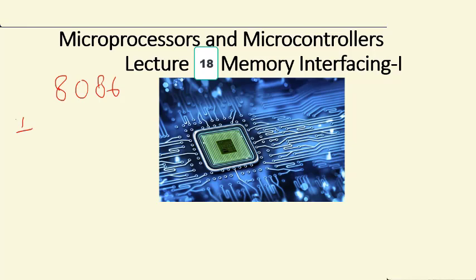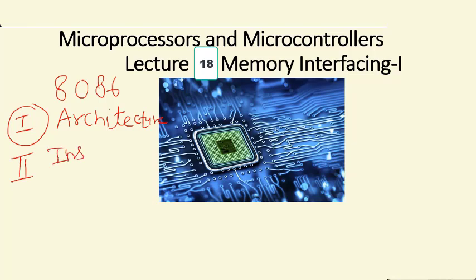So first section is the architecture, pin diagram and different signals. And the second part is the instruction set. There are different types of instructions that we have already covered.